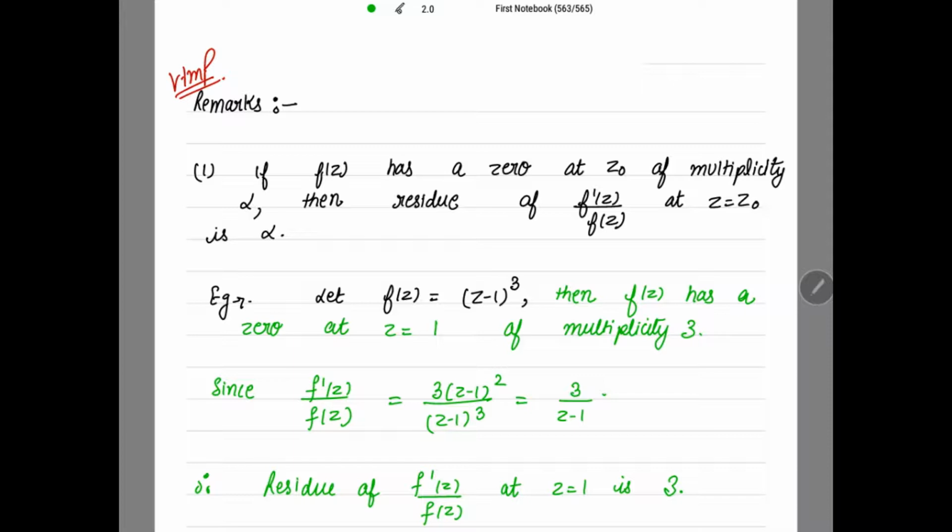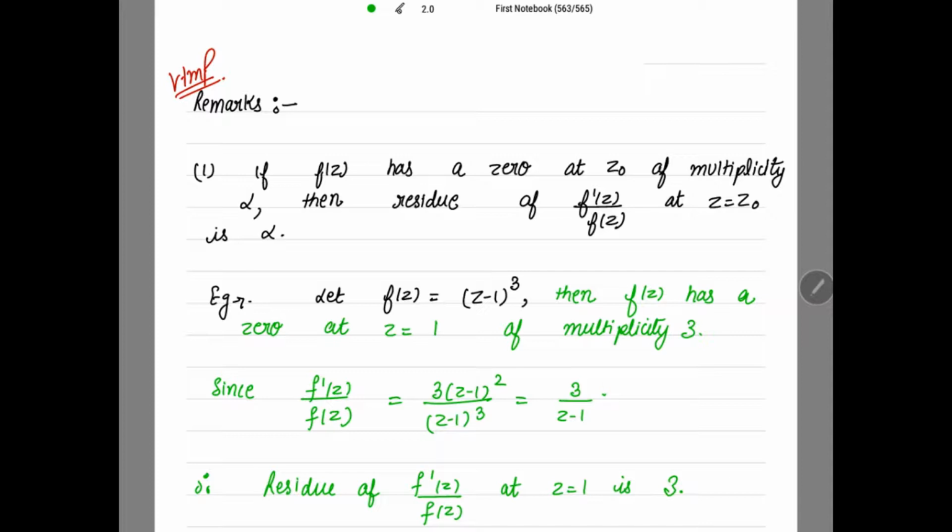I have written in the remark in the previous video that the residue for a function f(z) is equal to the coefficient of 1 over z minus z naught. So here, if we find the residue for f'(z)/f(z), it is the coefficient of 1 over z minus 1, that is 3.